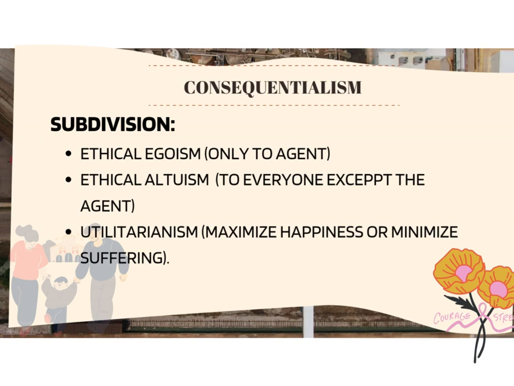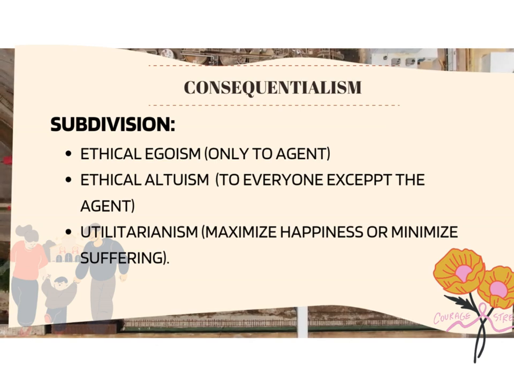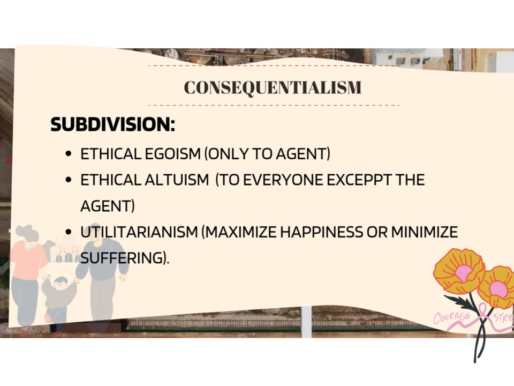So what comes in ethical egoism, the first one? An action is morally right if the consequences of the action are more favorable than unfavorable only to the agent. Okay, if the consequence is in favor of the agent, then that is ethical egoism.